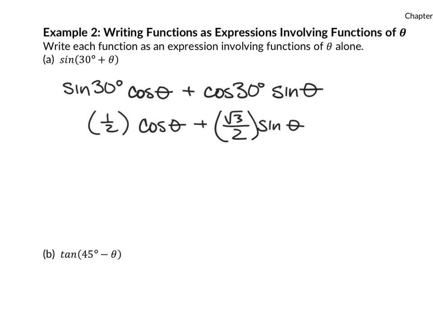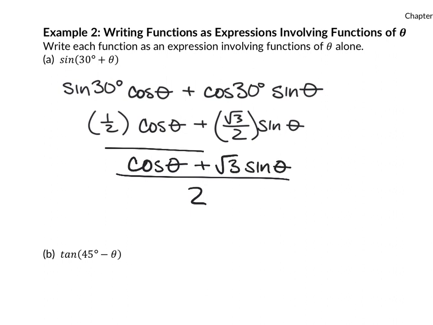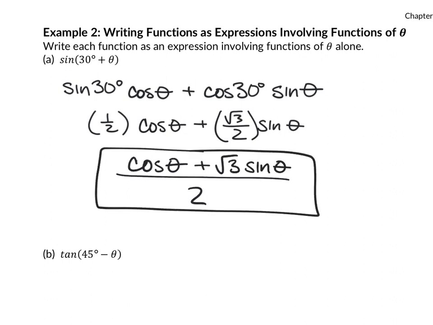I notice now that both the first term and the second term are divided by 2, which means they have a common denominator of dividing by 2. 1 times cosine is cosine of theta, and square root 3 times sine is square root 3 sine theta. Once I get it written in terms of only theta and written in a reduced version, I'm done with this.